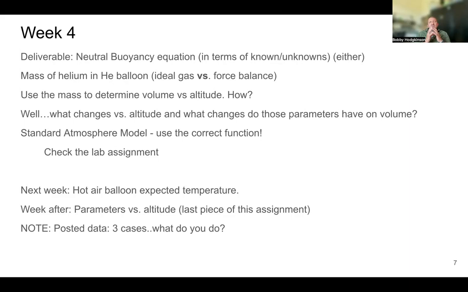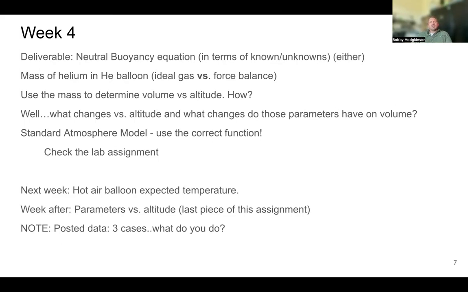And then we're going to ask you to compare that value to what the force balance equation says has to be true about the mass of helium in there. So I know there's typically some confusion because you need to utilize the ideal gas law in the force balance, but we're asking you to compare the mass of the helium from the force balance expression to what would only be necessary using the ideal gas law in the volume of space of helium. So hopefully that makes sense.